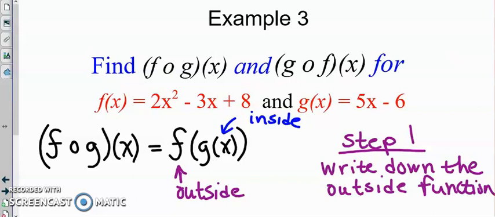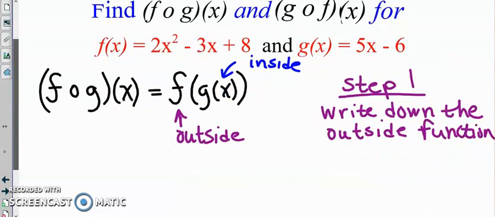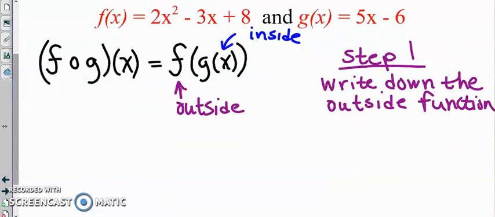All right, so for this, our outside function is, let's go, we have our equal sign. We have 2x squared minus 3x plus 8. That's our outside function.